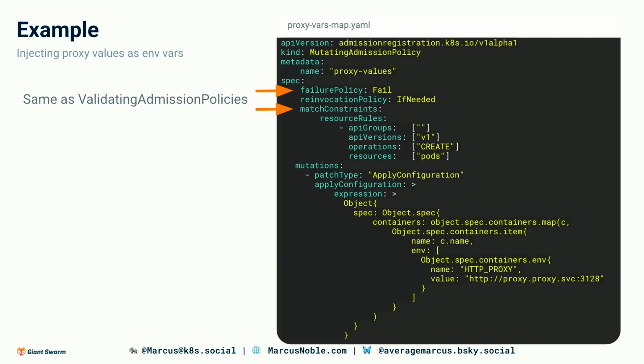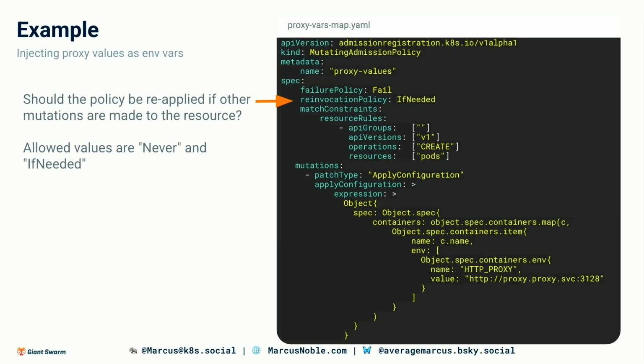So again, same as validating admission policies, we've got these same sort of fields. One thing we do have that's new is this reinvocation policy. Now, this is a similar idea as the mutating admission webhooks. If you do a mutation and then another mutation also happens to that same request, you can define here whether your policy should be reapplied on top of that other mutation.